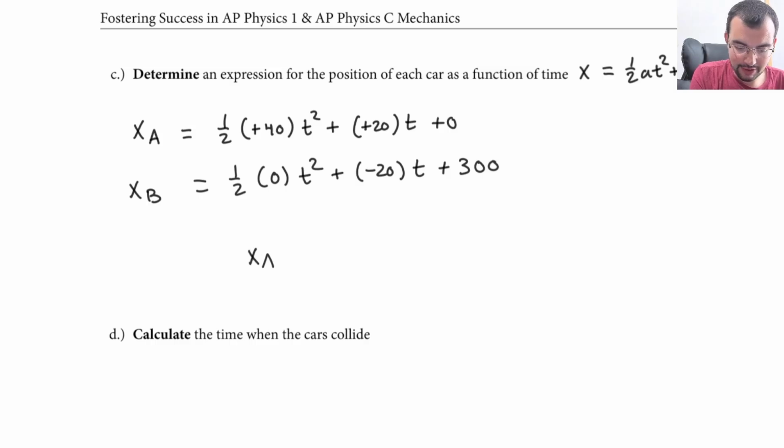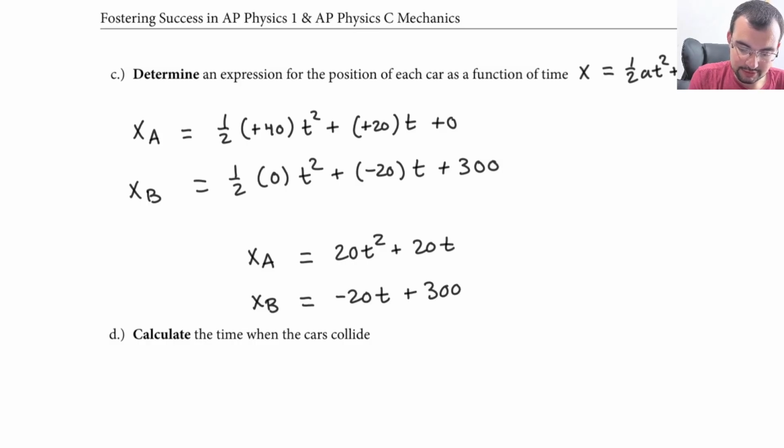So we can simplify these to get xa equals 20t squared plus 20t, and xb equals 0t squared, so we're not even going to include that, negative 20t plus 300.